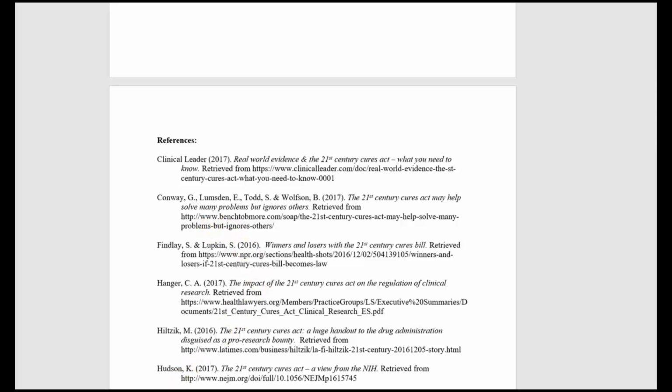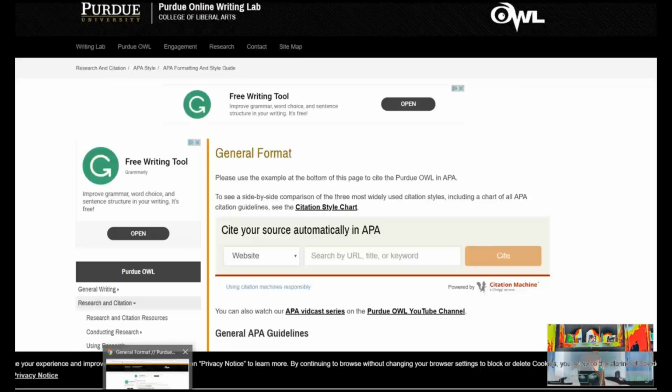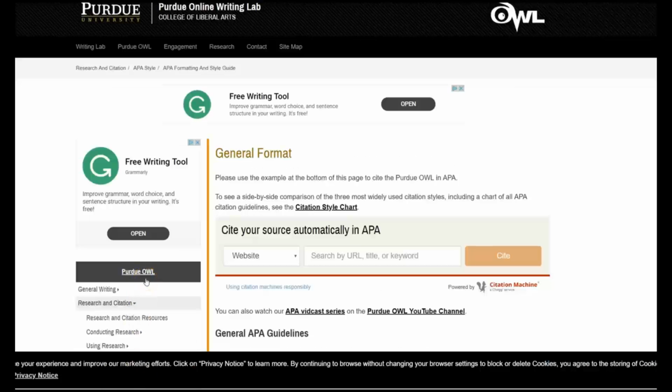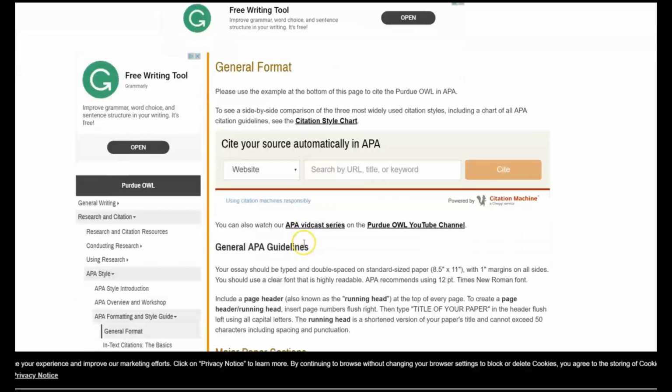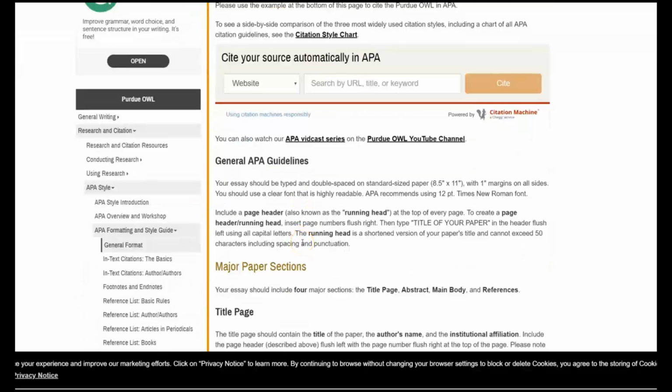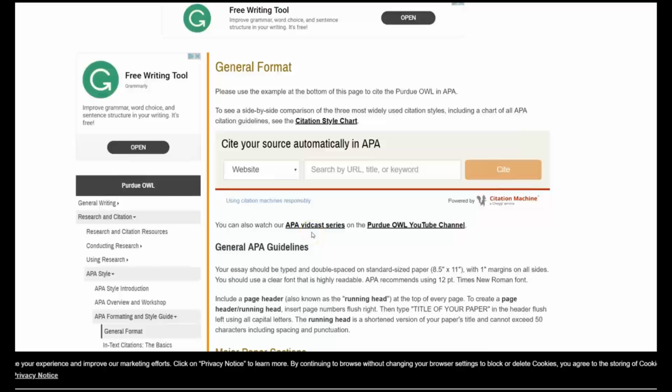I'm going to jump back to our module, but I do want to go to the Purdue Online Writing Lab really quick. I know our library has one as well. I personally use their website as a reference. As you can see, I'm on the page for the Writing Lab. I'll make sure to include the web link in the module.